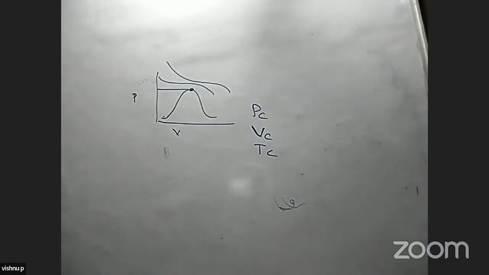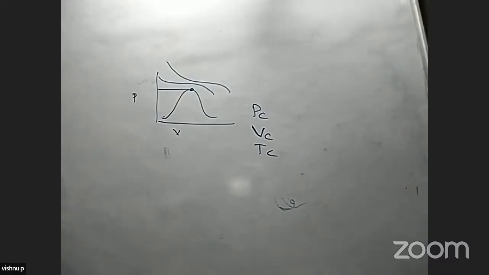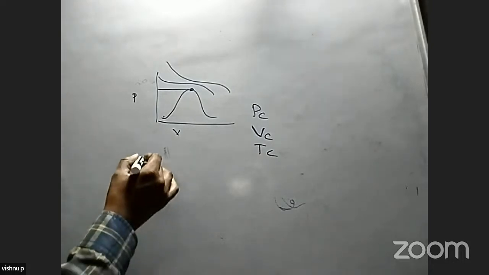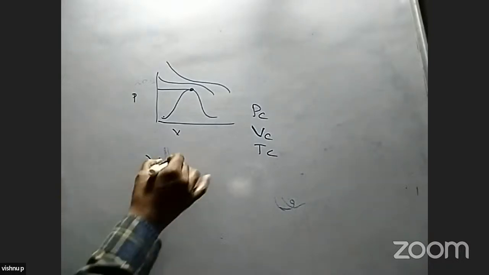So critical pressure PC is the pressure at which gas is converted into the liquid state, critical volume is the volume at which gas is slowly converted into liquid, and critical temperature indicates the temperature at which gas is converted into liquid. In case of gases, what is this VC value?